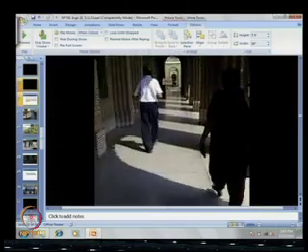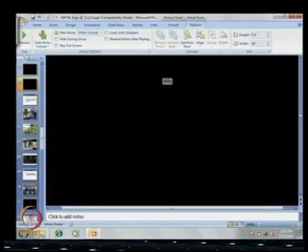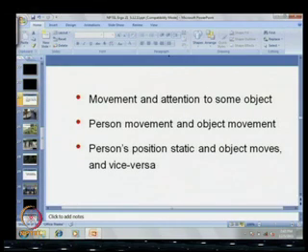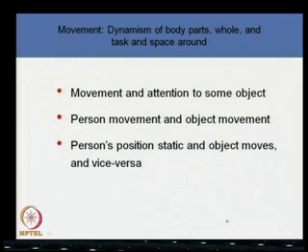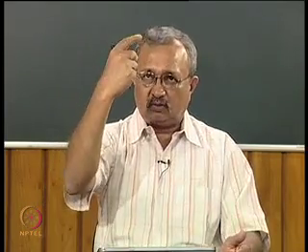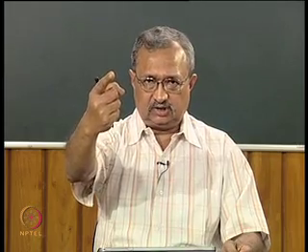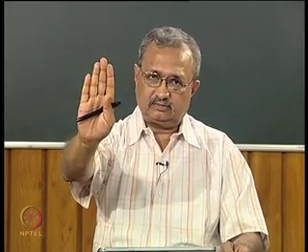Now, the next step we can say is movement and attention to some object. Suppose the person moves, and the thing I want to see remains static, then that is one consideration.